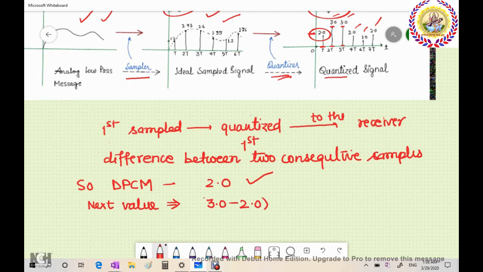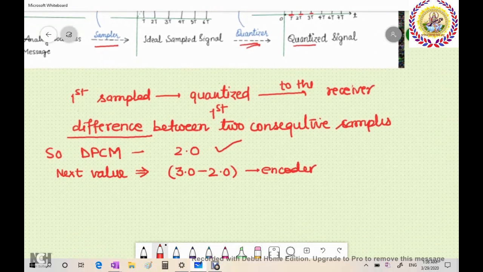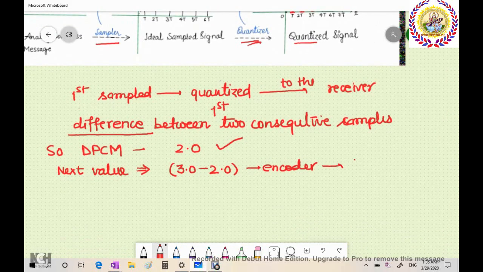That means we are transferring the difference to the encoder, and the encoder then converts it into the equivalent binary bits.